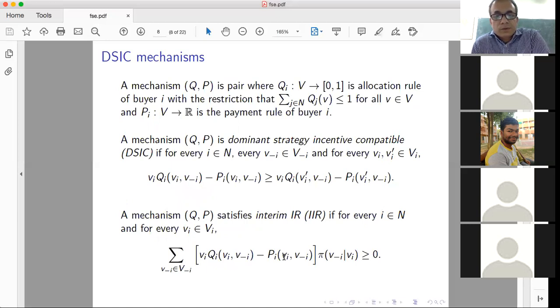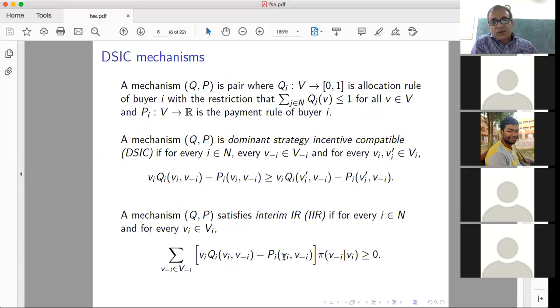Okay, so our notion of incentive and IR constraints are as follows. We'll require that our mechanism is dominant strategy incentive compatible, but our participation constraint is interim IR. Two comments.